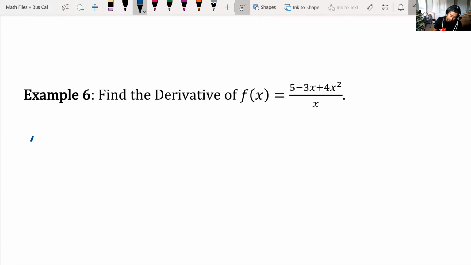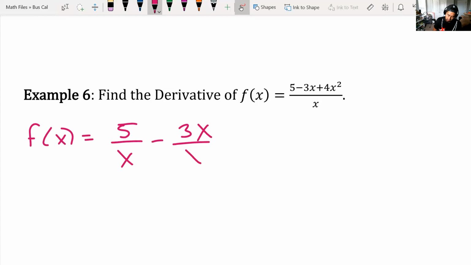So I'll get f of x equals 5 over x minus 3x over x plus 4x squared over x.